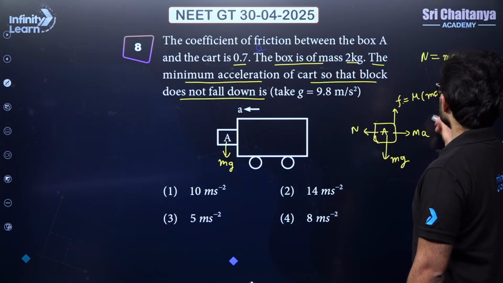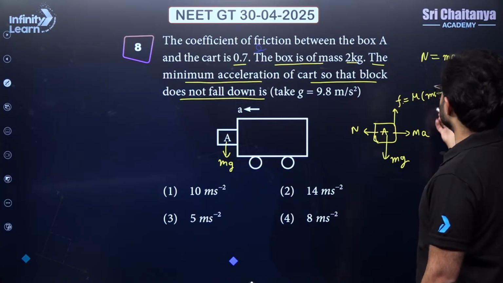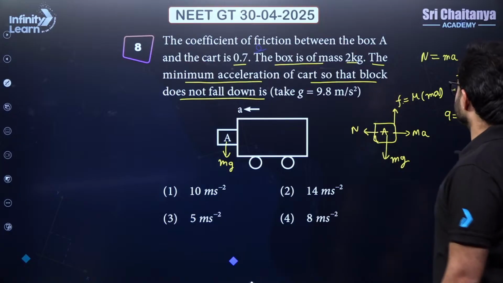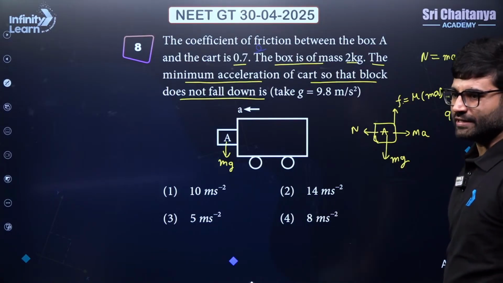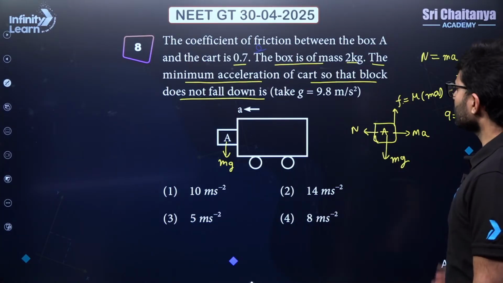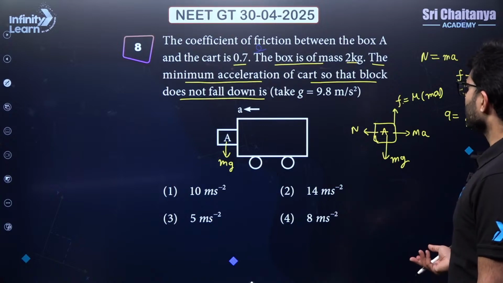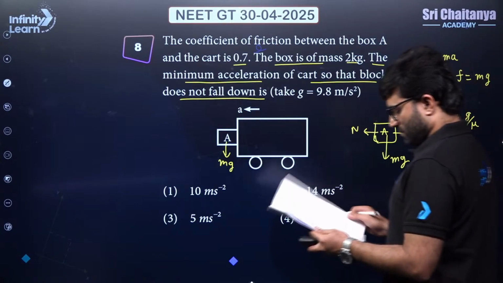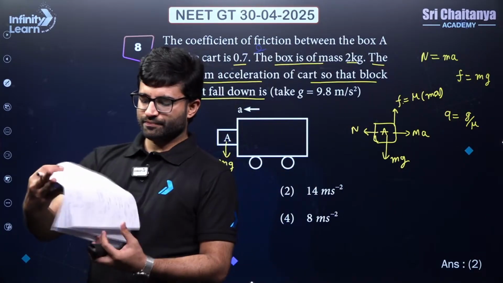So mu is given to us. We have to calculate the acceleration. So acceleration would be equal to g by mu in this case, because m will cancel out from both the sides. So 10 by, you can do it. So 9.8.